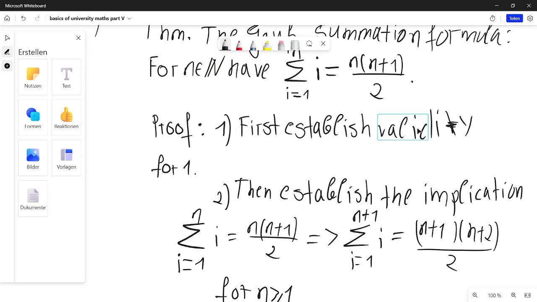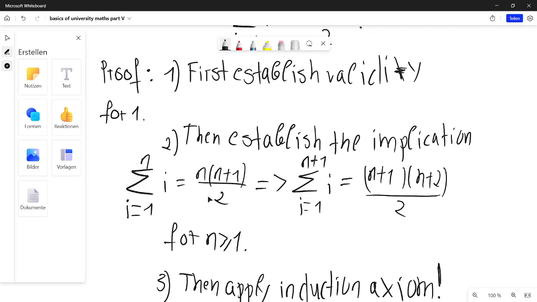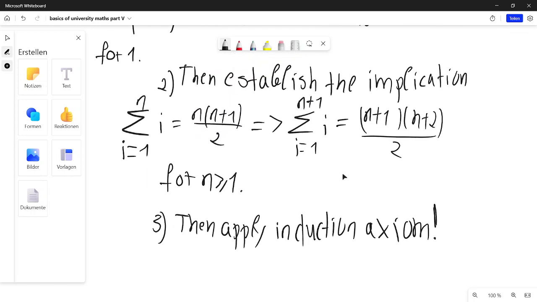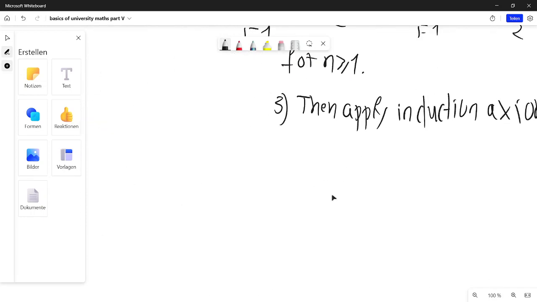First, we establish the validity of the statement for 1, and then we establish the implication that this statement for n implies this statement for n plus 1. And by the induction axiom, it is then true for all natural numbers.